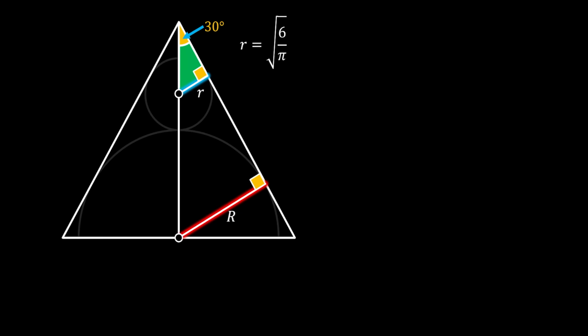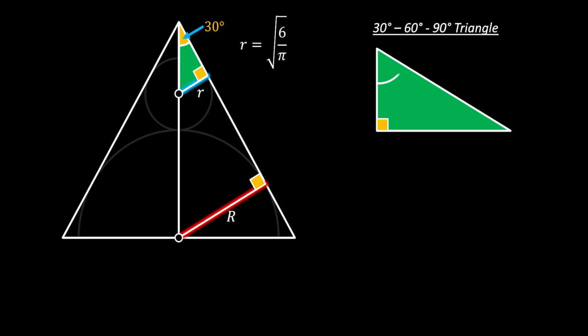I have used this triangle many times on this channel, but it never hurts to remind ourselves about those properties. The sides of a 30, 60, 90-degree triangle are always in a relation of 1 to square root of 3 to 2. And we're going to use this fact.